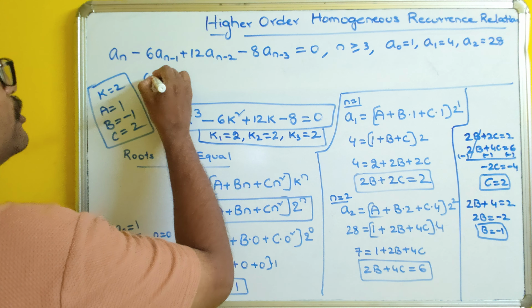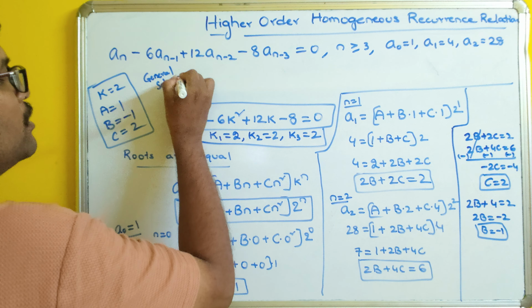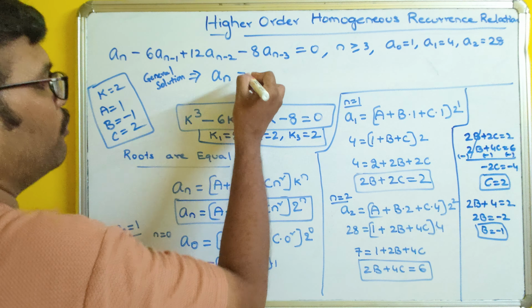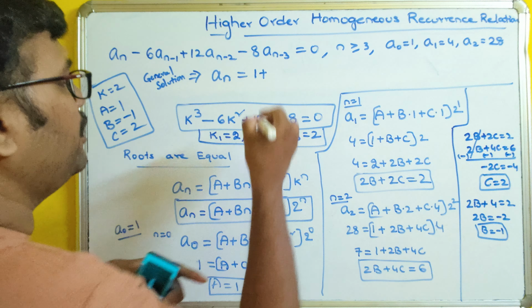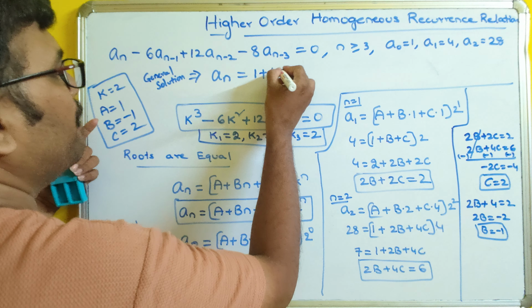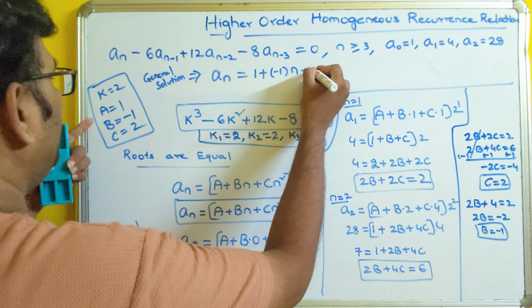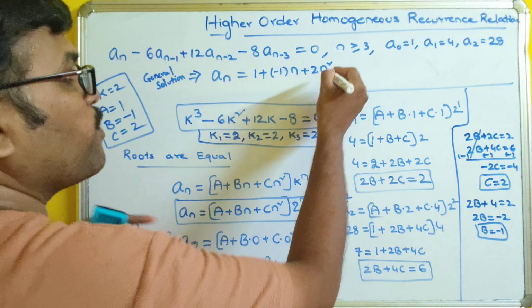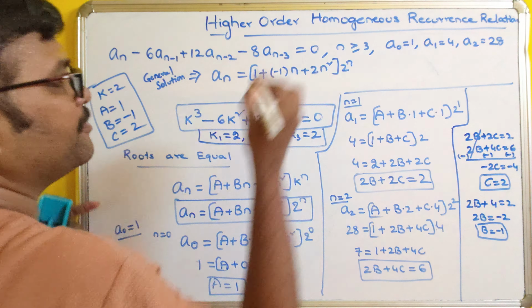So the general solution is an is equal to a, which means 1, plus b into n, so minus 1 into n, plus c, 2 into n square, into 2 power n.